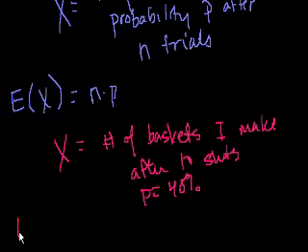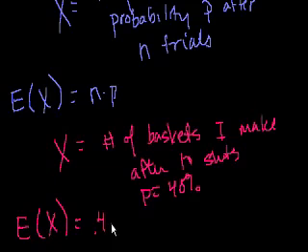We know that the expected number of baskets I make after 10 shots, where each of my shots is 40%, all I have to do is multiply the probability times the number of shots I'm taking, which would be equal to 4.